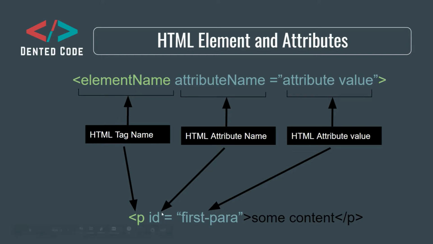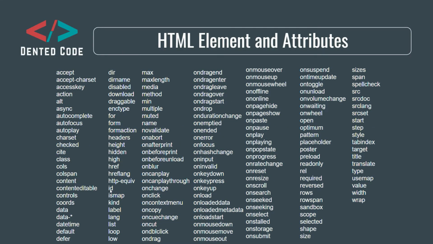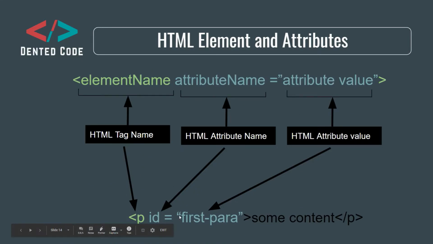For example, P here is the element name, and ID here is the attribute, one of the many attributes in the list. So ID goes here and equals the first. The value can be anything, but you should always try to give a value that has a meaning related to the content, so that it's easy for you to remember. And then this is the value, and some content, and this is how you complete the element using an attribute and the attribute value.